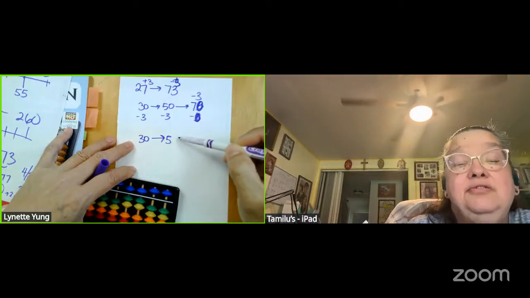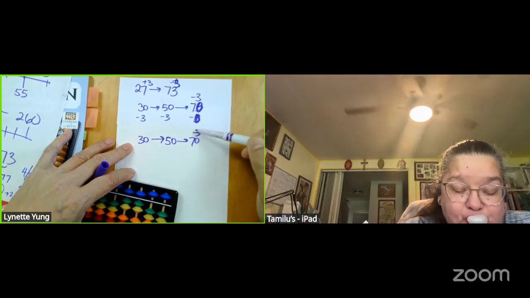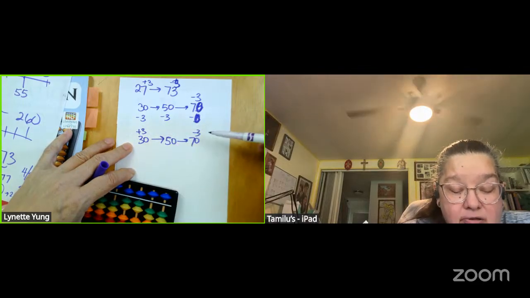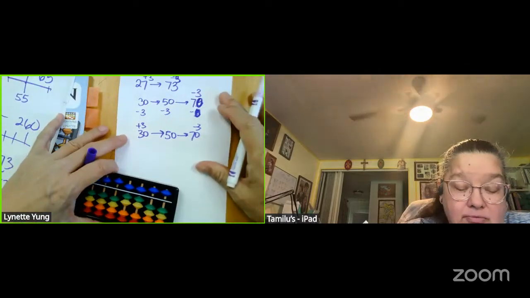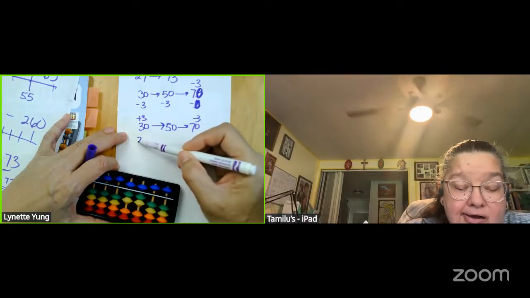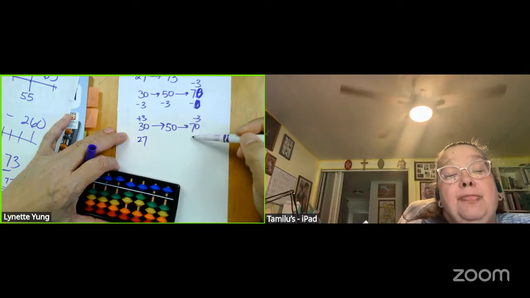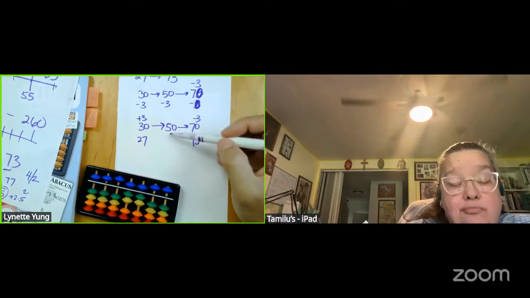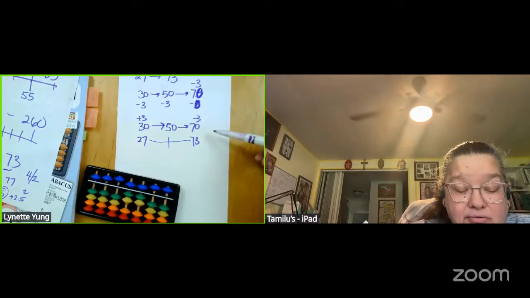If you did 70 and 30, but you took away the 3 and you added the 3. So that means you got to add it back, or you got to do the opposites. So if I take away 27 and I added, okay, my middle would still be 50.